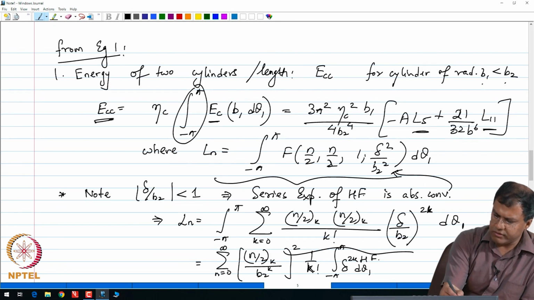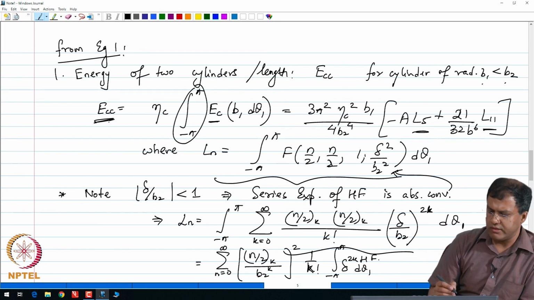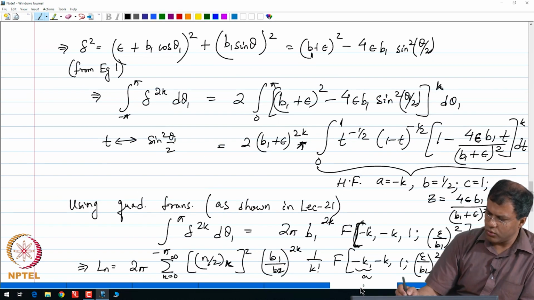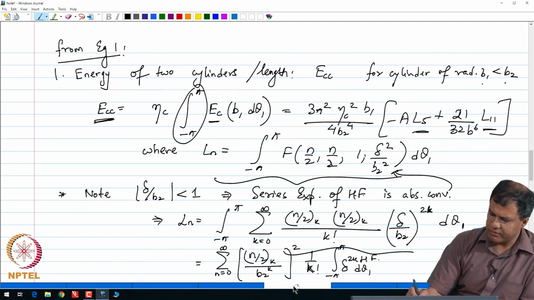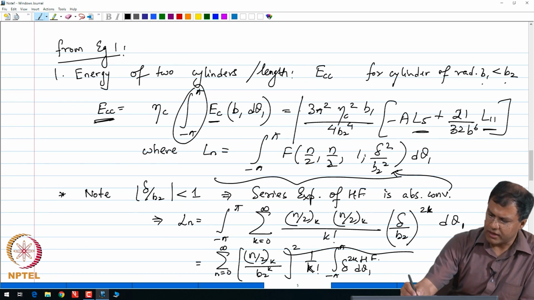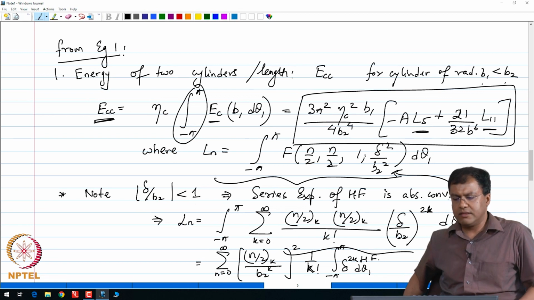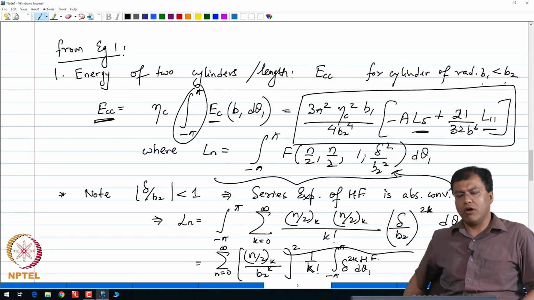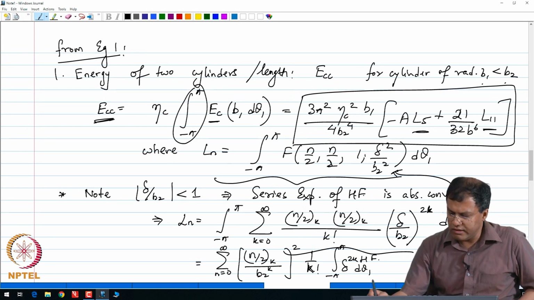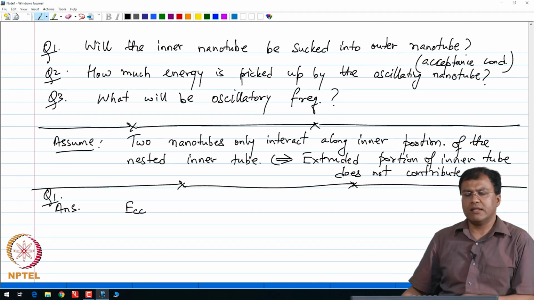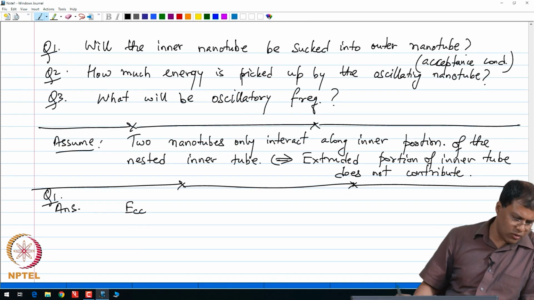We call this cylinder interaction E_CC. We find that it is equal to the following expression. The E_CC expression is this one here, which is a boxed expression. So, we will be using these expressions in the L format. So, as long as E_CC is negative, we expect that the inner tube will be sucked into the outer tube.